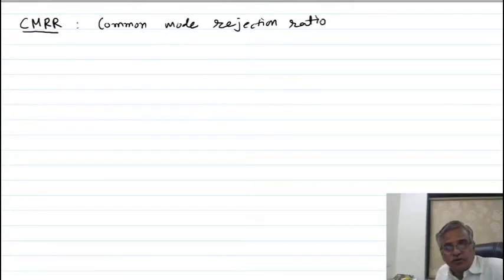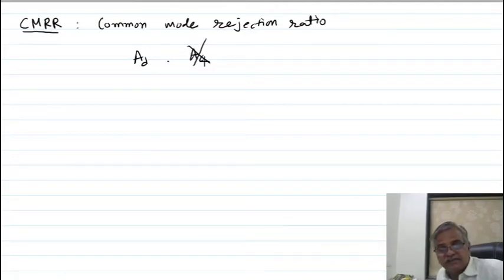CMRR is a very important parameter of the op-amp.